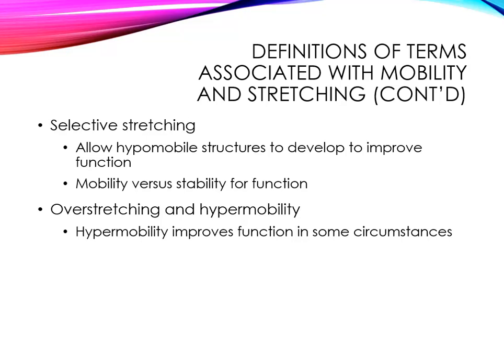Overstretching and hypermobility. Overstretching is a stretch well beyond the normal length of a muscle and range of motion of a joint and the surrounding soft tissues, resulting in hypermobility or excessive mobility. Creating selective hypermobility by overstretching may be necessary for certain healthy individuals, those that participate in sports such as a baseball pitcher, that require extensive flexibility.